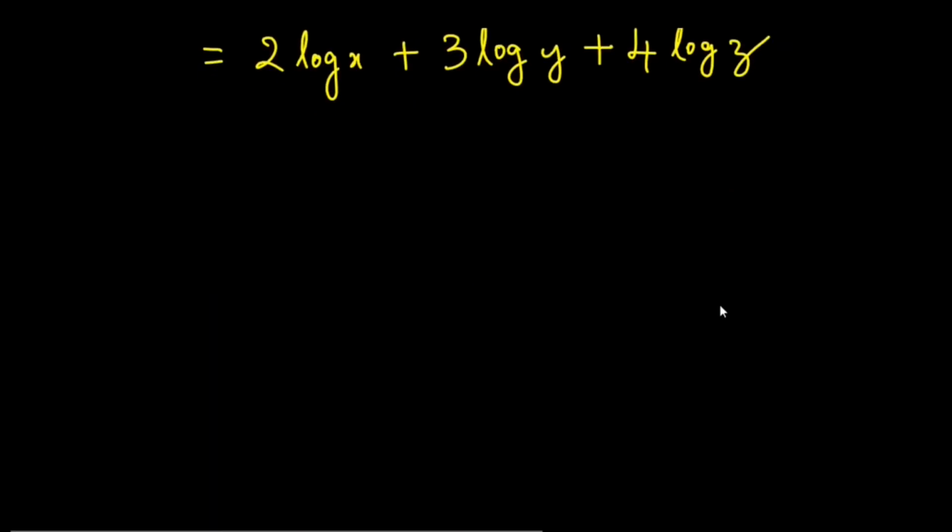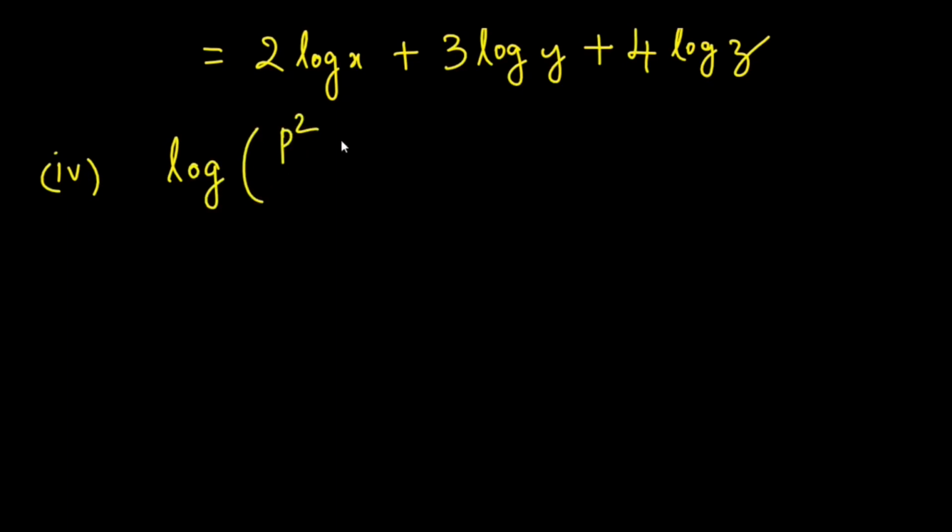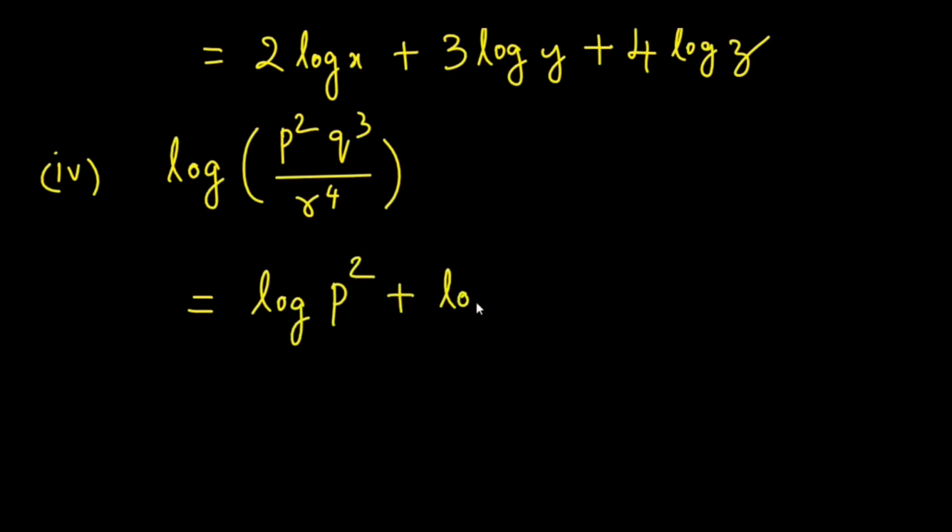Similarly, we can see the fourth one. The fourth one is log of p square q cubed by r power 4. So this can be written as log of p square plus log of q cubed minus log of r power 4.